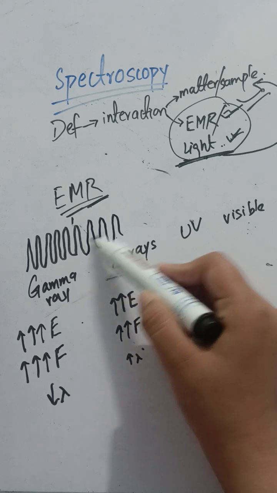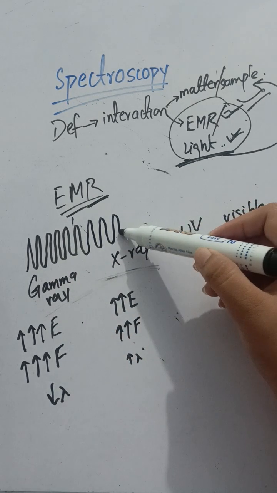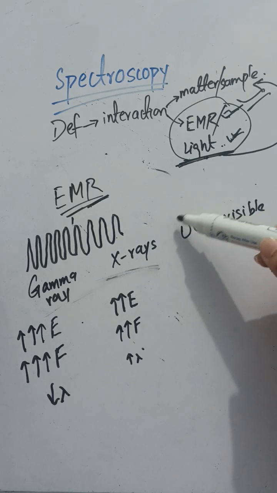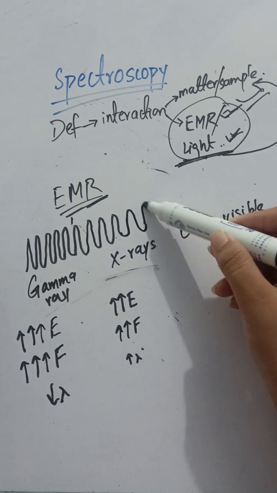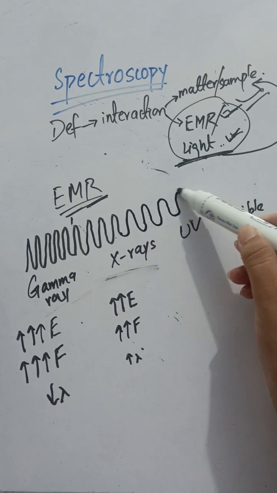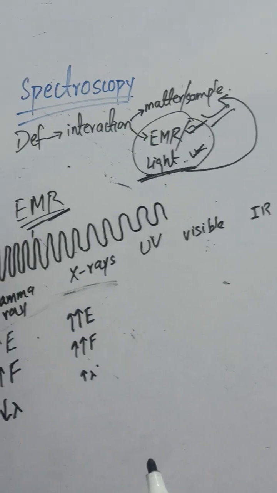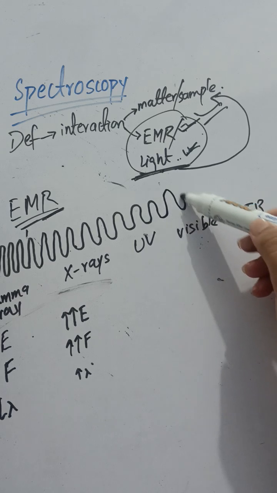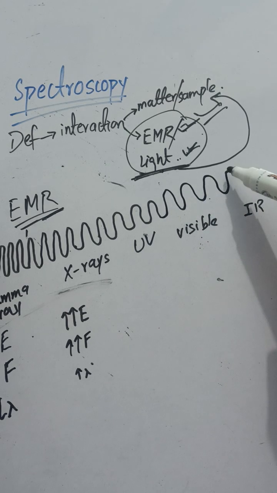Now you can see the distance increases, and this distance is further increased when we move toward the UV part. After the UV part, we have the visible portion. Here the distance is again more increased. As you can see, when we move to IR, it increases further.